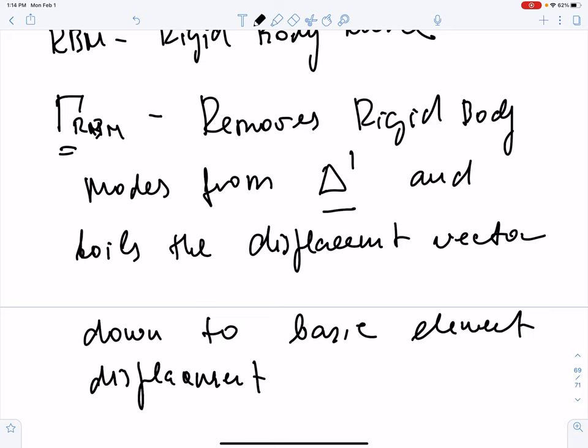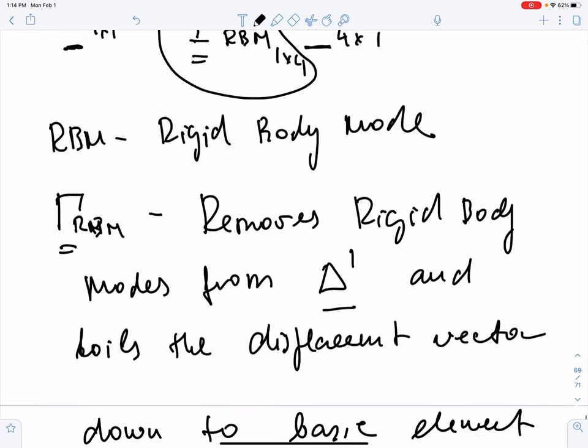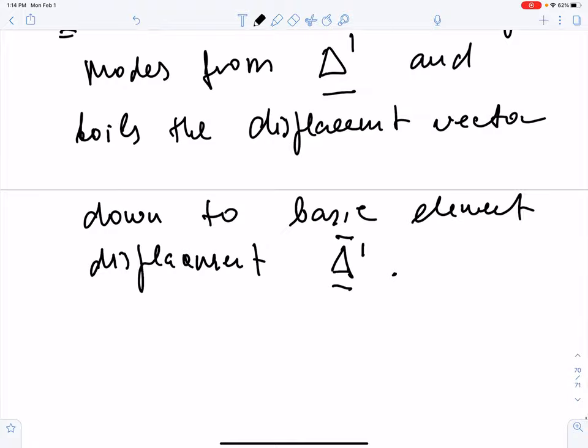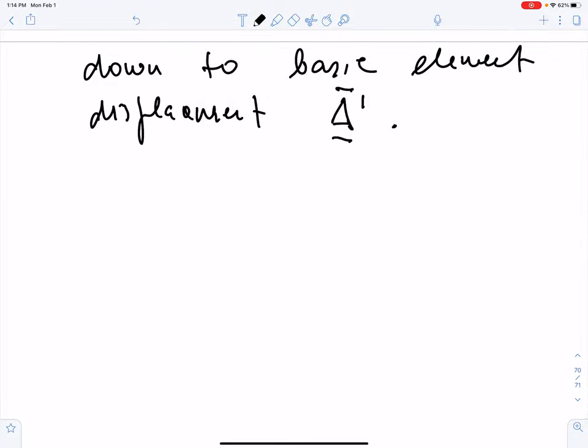Okay, because we know that's the only displacement that will contribute to the forces in the system. Okay. This guy is denoted by delta overbar prime underbar. Okay. All right. So that's an important relationship to keep in mind. Okay, let me write this down again.